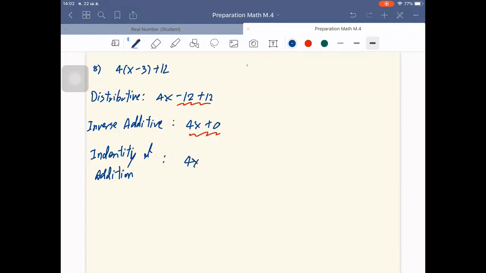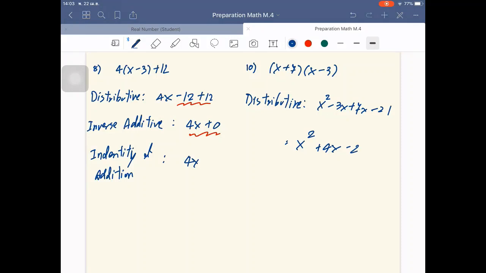Okay, last one, question 10. Question 10 says (x plus 7)(x minus 3). So we begin with the distributive property: x squared minus 3x plus 7x minus 21. Then you just simplify and get x squared plus 4x minus 21. That's it.